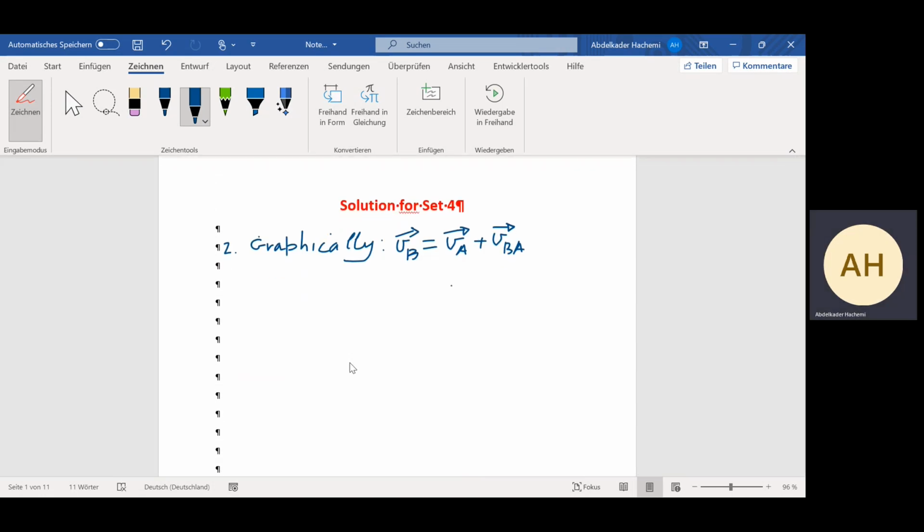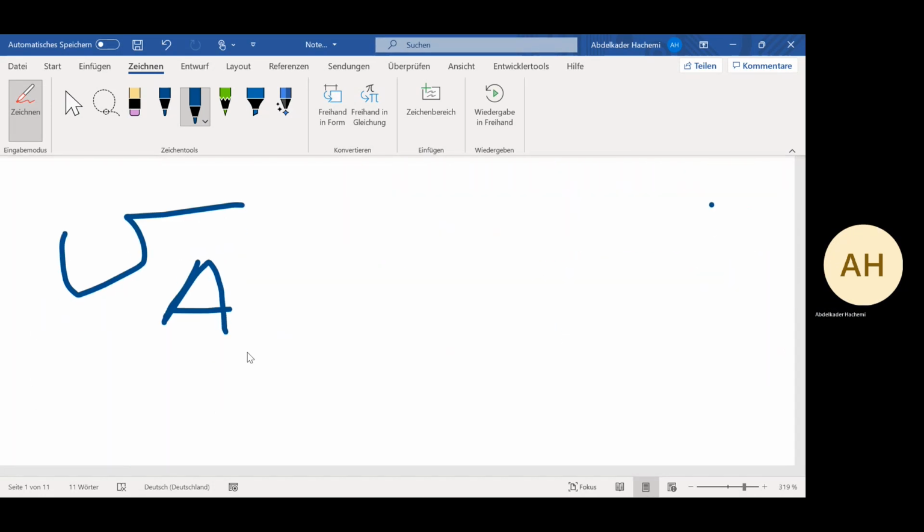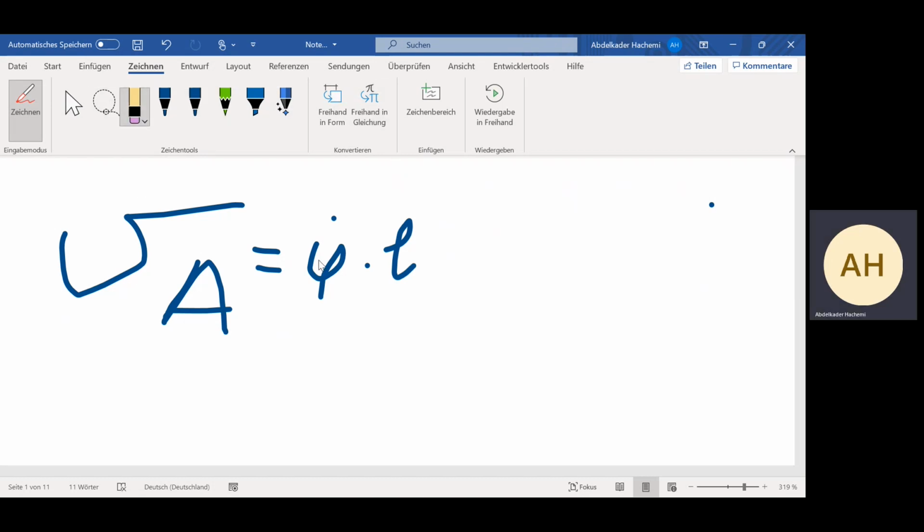Now, what do we know? VE is equal to phi dot multiplied by L, the length of the ladder. Sorry, I make a mistake.